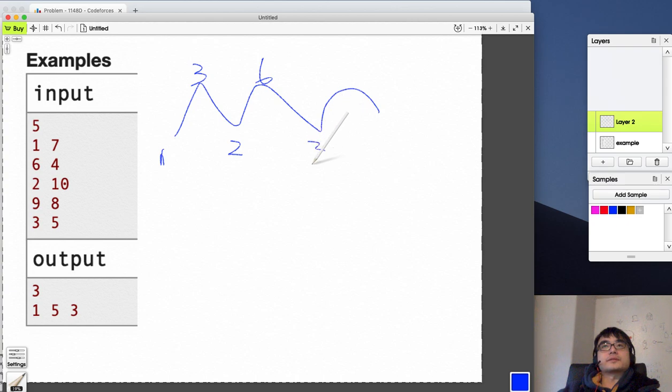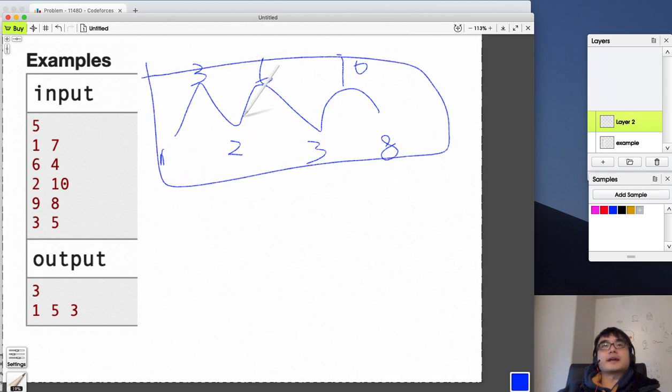Let's choose 3, right? And the next number should be bigger. So let's choose 10. And the next number should be less than 10. So let's choose 8. So this array is a zigzag array.